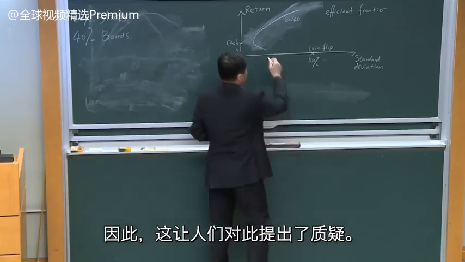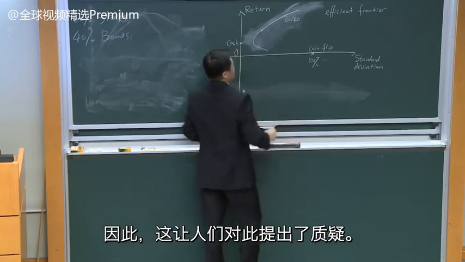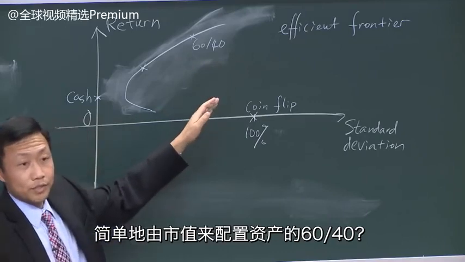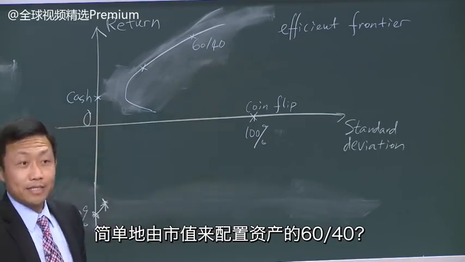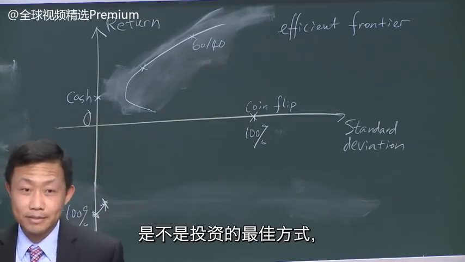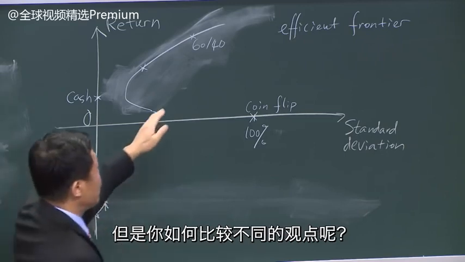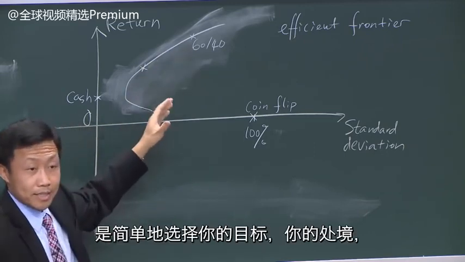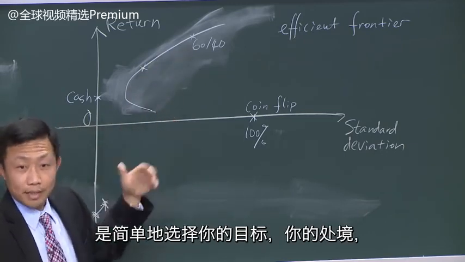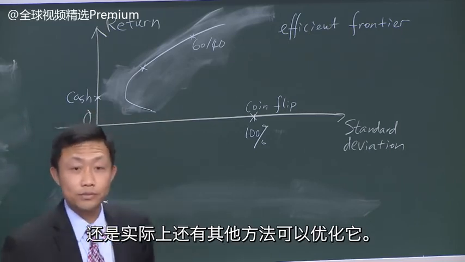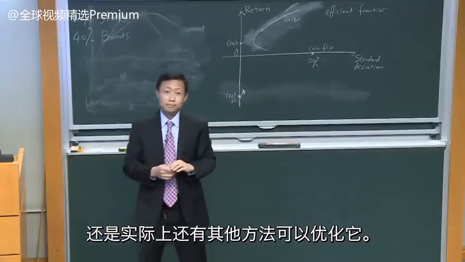That made people question whether this 60-40 allocation by market value is the optimal way of doing it, even though you're falling on the efficient frontier. How do you compare different points? Is it a simple choice based on your objectives and situation, or are there other ways to optimize it?